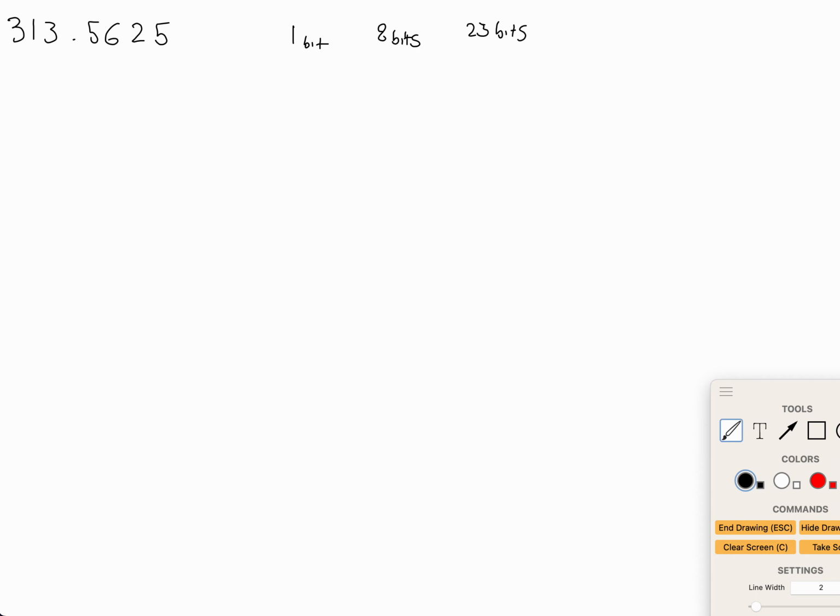The formula for this calculation is as such. The underlying number that we want to represent can be written as n equals (-1)^s, our sign bit, times 1 point our fraction, times 2 to the exponent minus 127.